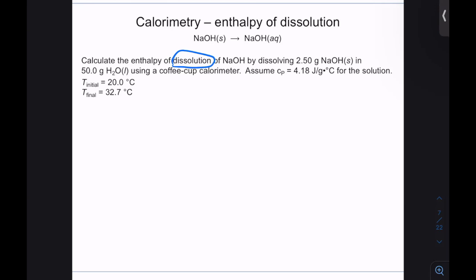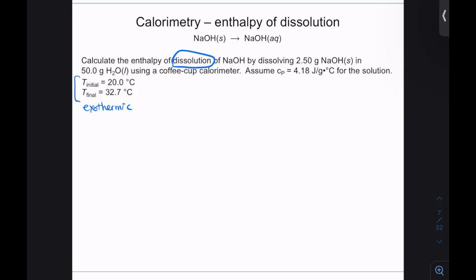The initial temperature is 20 degrees Celsius, and the final temperature is 32.7 degrees Celsius. So in this case, it's getting warmer, which means it's going to be exothermic. Meaning that in this case, the water of the calorimeter got warmer.